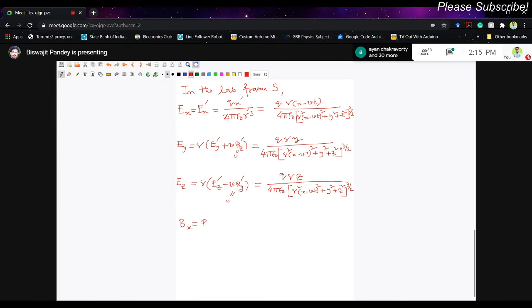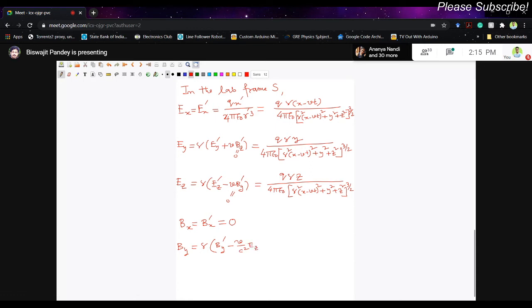So Bx will be equal to Bx prime, and Bx prime was 0, so of course Bx will also be 0. What will be By? By will be gamma times, again it's the inverse transformation, By prime, this was a plus, so this time it will become minus V by c square. You see, this time it will make a difference.